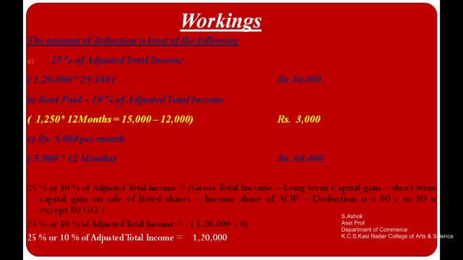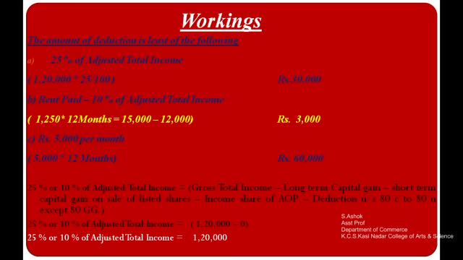In this sum only gross total income is given. Other information related to long term capital gain, short term capital gain, AOP, and 80C to 80U is not given in the sum. So adjusted gross total income is 1,20,000 minus 0, which is equal to 1,20,000. So now we have found the adjusted total income.